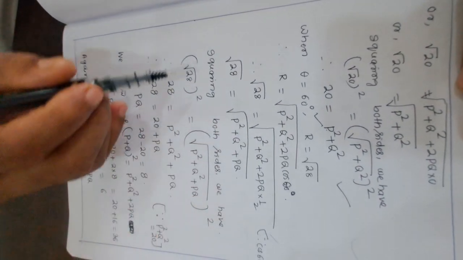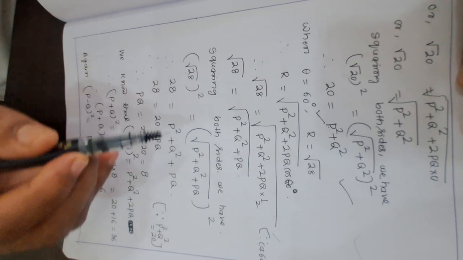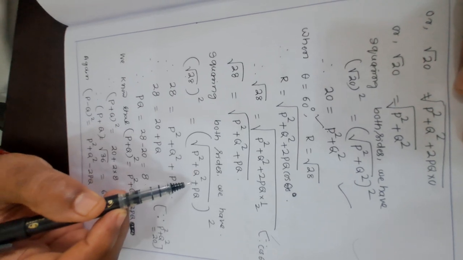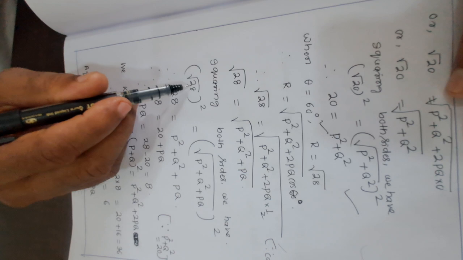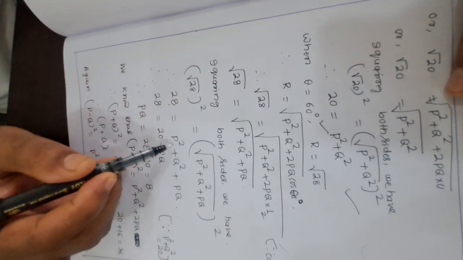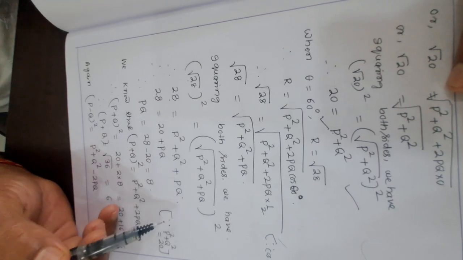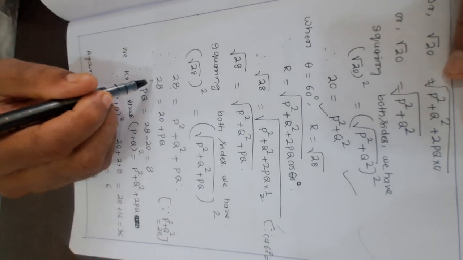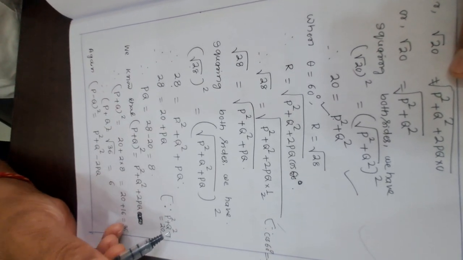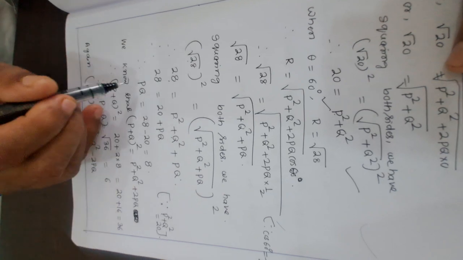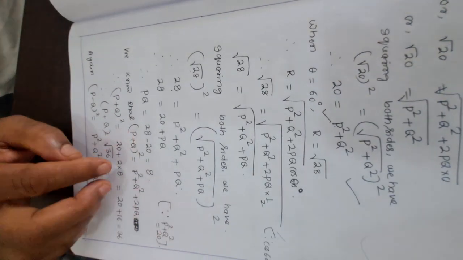Then squaring both sides, we have 28 is equal to P square plus Q square plus PQ. Or we can write 28 is equal to 20 plus PQ, because P square plus Q square is equal to 20. Or PQ is equal to 28 minus 20, which is equal to 8.